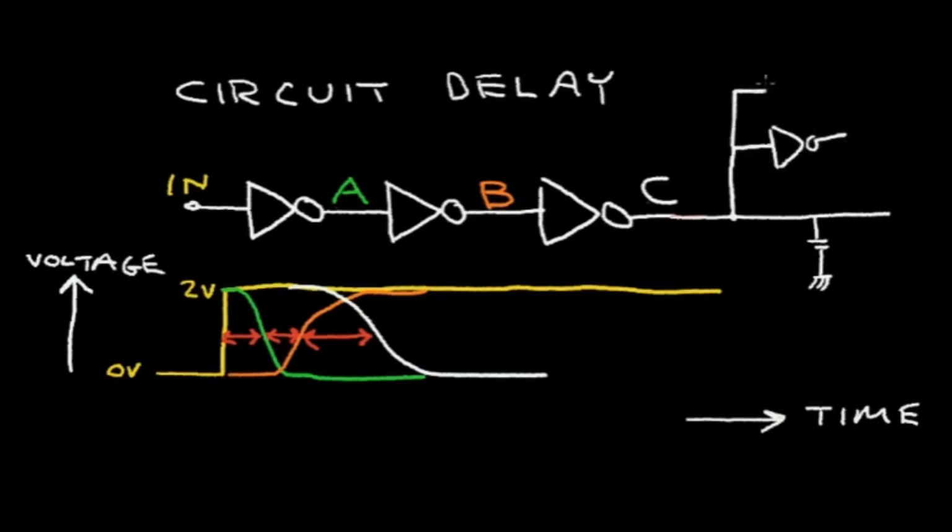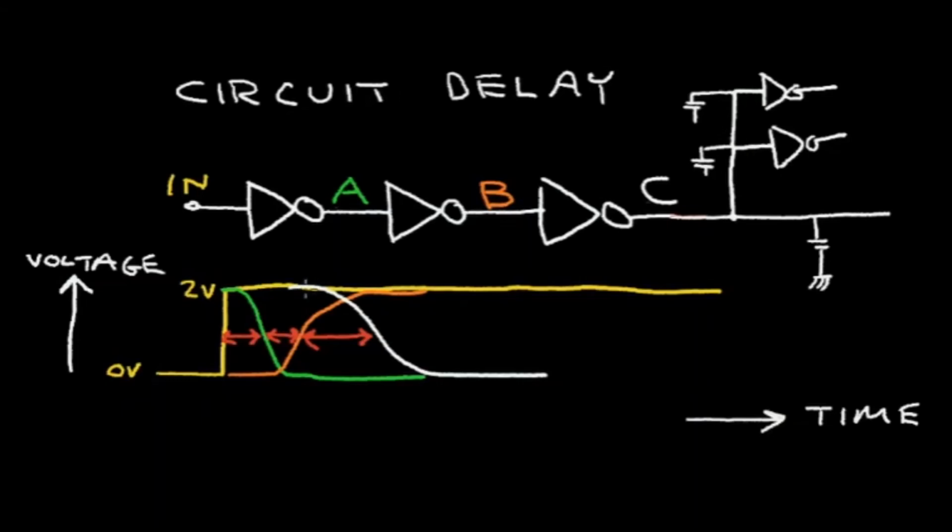Perhaps it drives several other inverters, and each inverter adds a little bit of capacitance to the node C. And all this capacitance will cause the node C to respond slower.